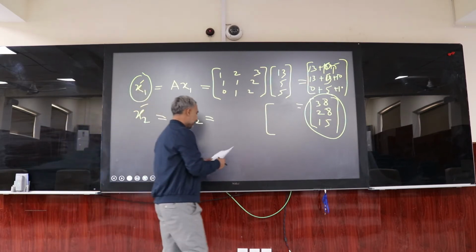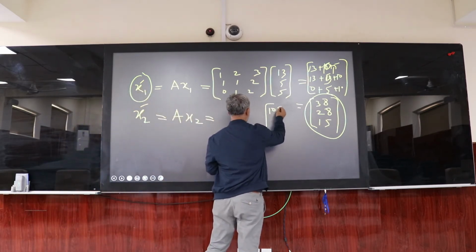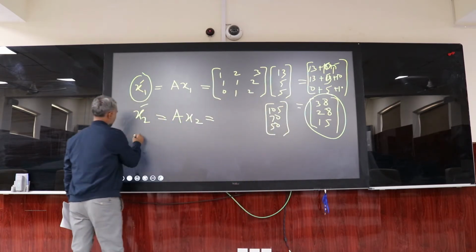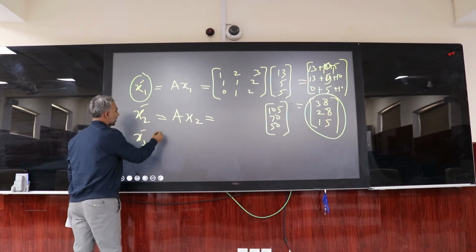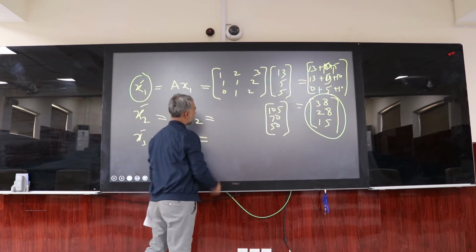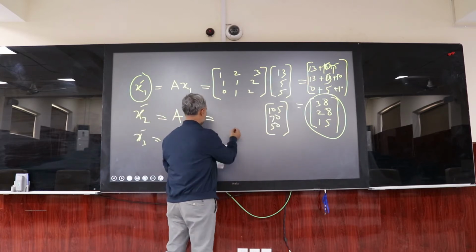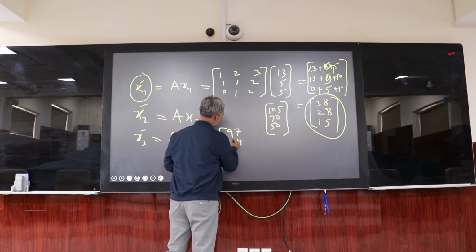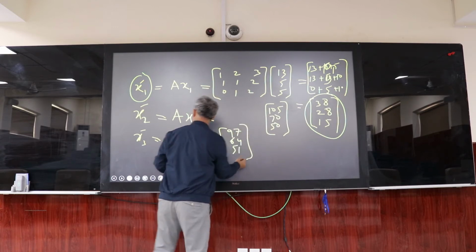So the second one becomes 105, 70, 50. Maybe in the exam I will ask this from you. If you multiply this with the third one, you will get 97, 64, 51.